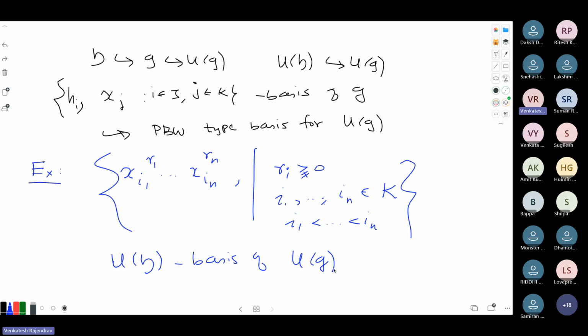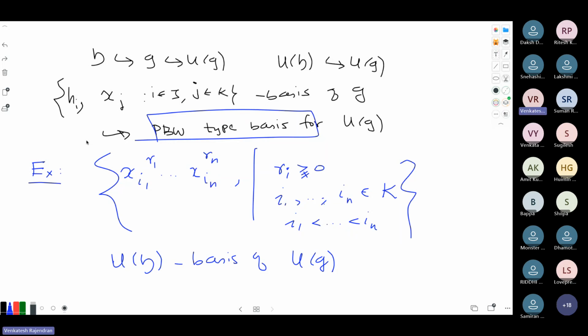You can directly check this because it follows from the PBW basis of UG. If you write down the meaning of UH basis as a module, you want to have UG as a free module over UH with this basis. That means if you have a relation over UH among these elements, then you should be able to get a contradiction.